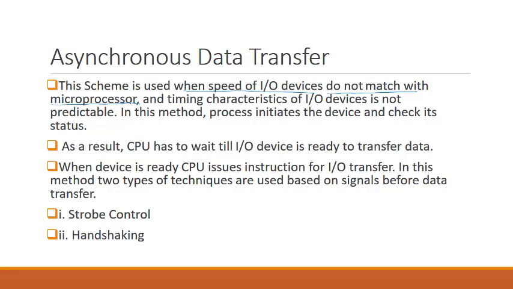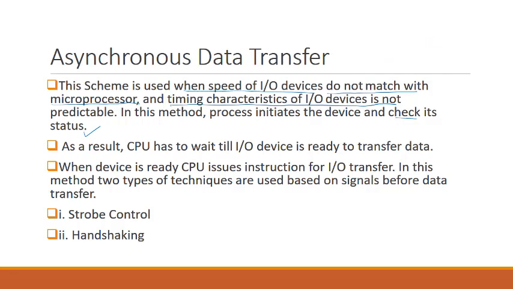As we know, the microprocessor speed is higher than the input output speed, and timing characteristics are also different from the processor. This method has the processor initiate a device to check the status. That means before transferring the data, the microprocessor or CPU has to check the status of the peripheral devices.